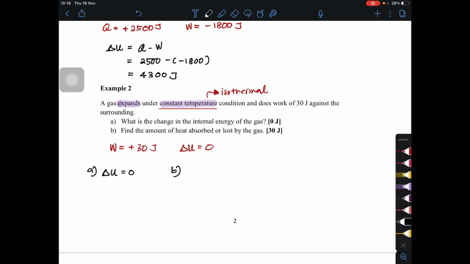For part B, we want to find the amount of heat absorbed or lost by the gas, which is the value for Q. Delta U is equal to Q minus W. Since delta U is equal to 0, Q will be equal to work, which is also equal to 30 joule.